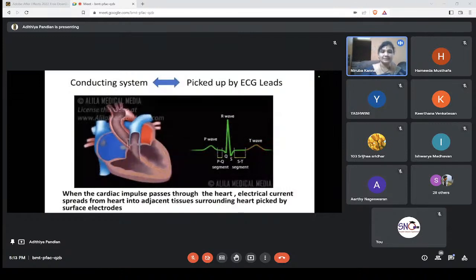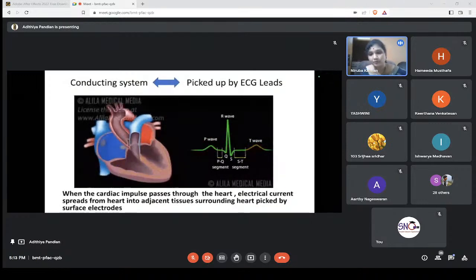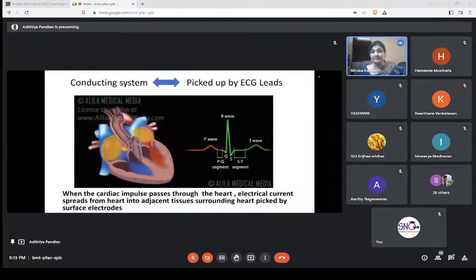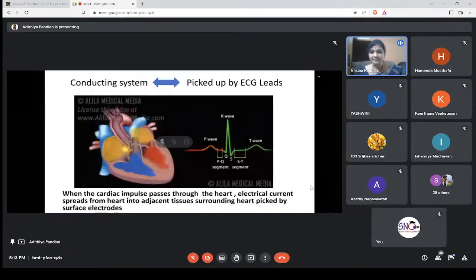When the cardiac impulse passes through the heart, the electrical current spreads. When the transmission occurs from the SA node to the AV node, which chamber is getting depolarized? When the SA node acts as the pacemaker and starts there, which chamber gets depolarized?